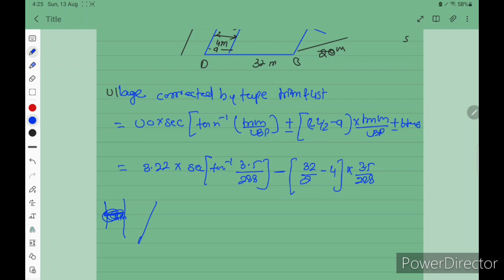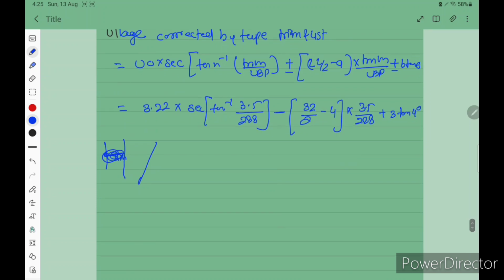Now the vessel list was 4 degree, and the ullage pipe is 3 meter to port of the center line. So same side, list is also port side and the location of the ullage pipe is also port side, so it will be plus 3 tan 4 degrees.